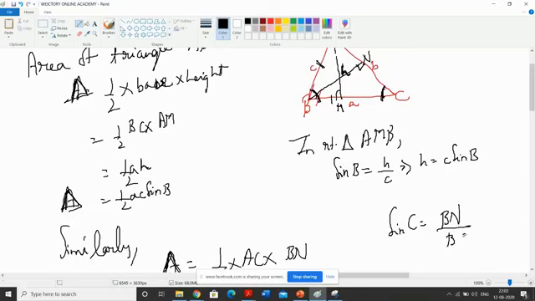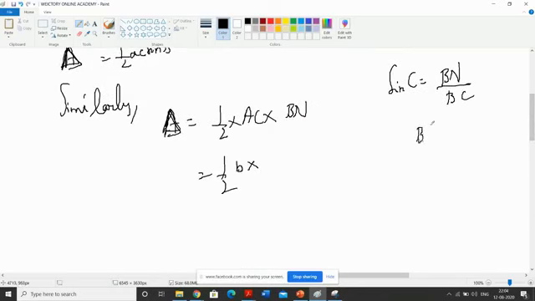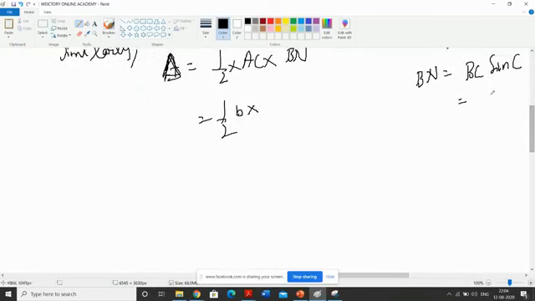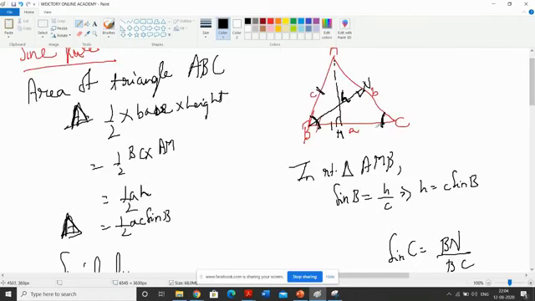So BN is BC sine C, and BC is small a, so a sine C. So you can write BN here as a sine C. So again you got half ab sine C. Okay, so half of two sides a and b sine of included angle. Similarly, we can write area of triangle as half bc sine of A.